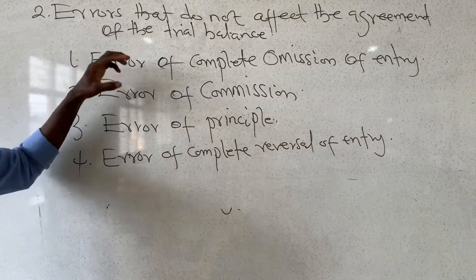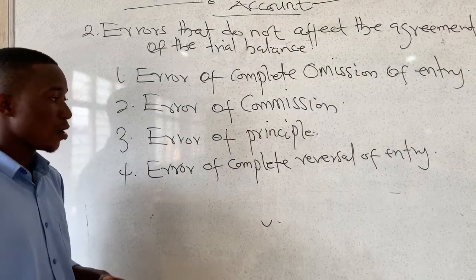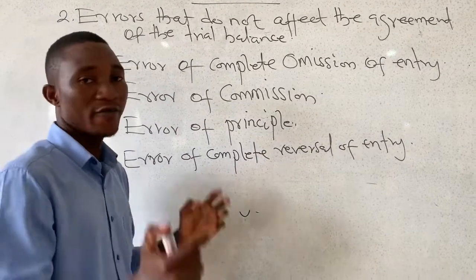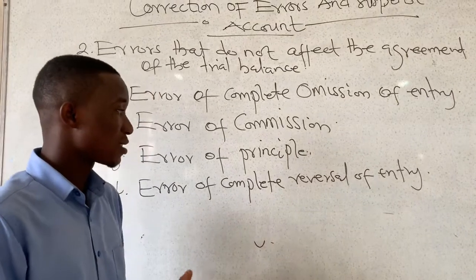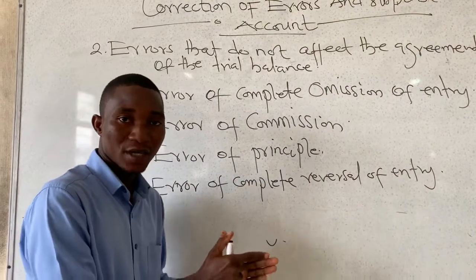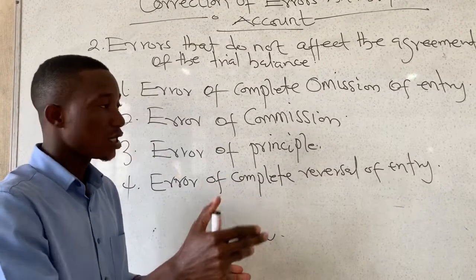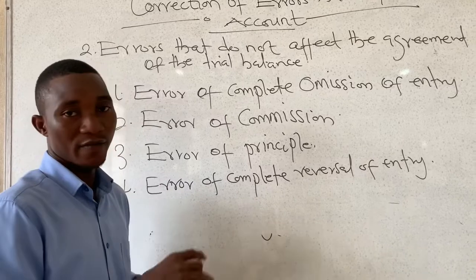But over here, we are talking of a complete reversal of entry. We normally commit these errors when we completely reverse the entries in an individual account. That is, instead of a debit entry, a credit entry is made in one account. Then when you go to the other account, instead of a credit entry, a debit entry is made. That is a complete reversal of entry.